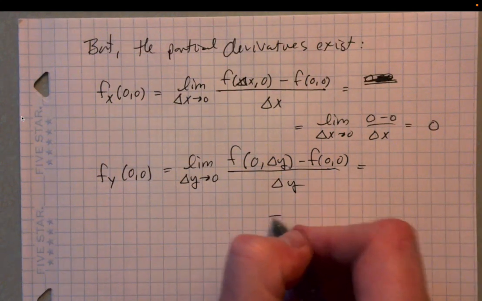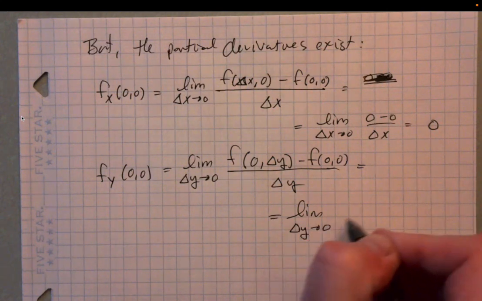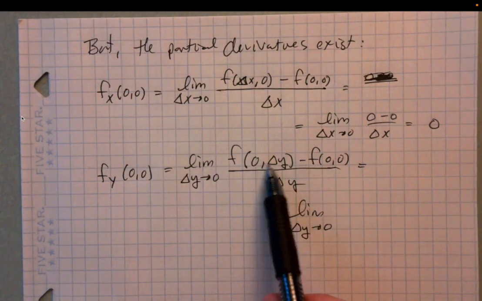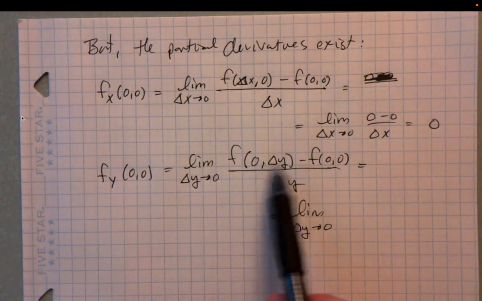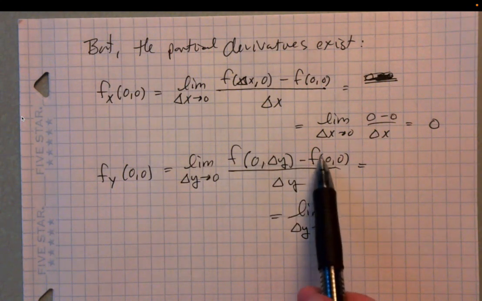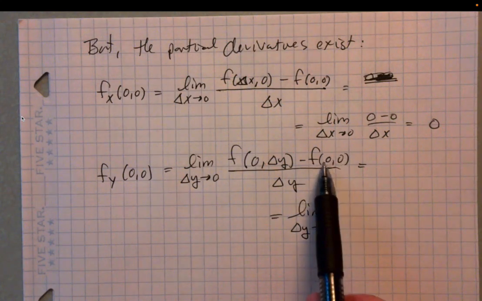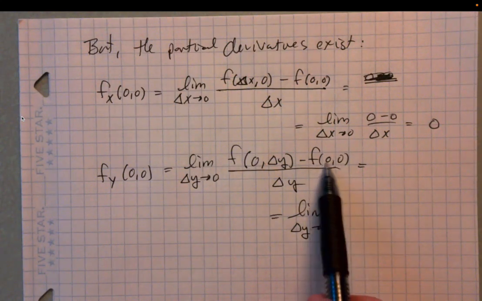And again, like we saw, this is 0, this is obviously 0, and this is 0. Right? So this one is 0 because the value of x and y is equal to 0.